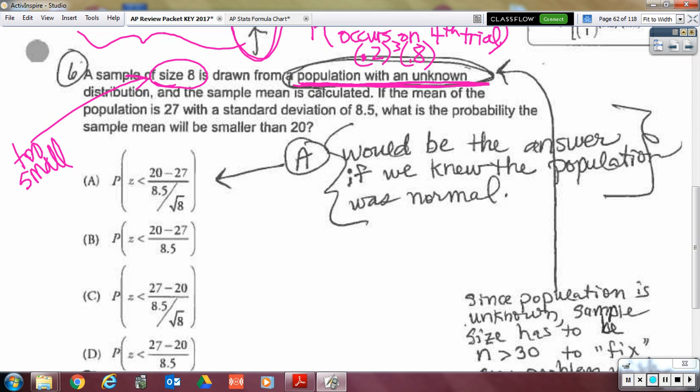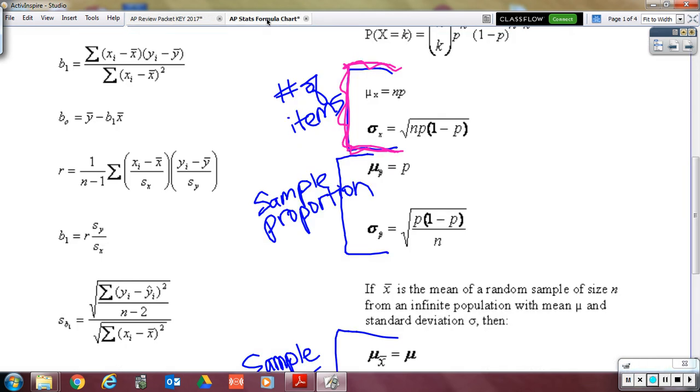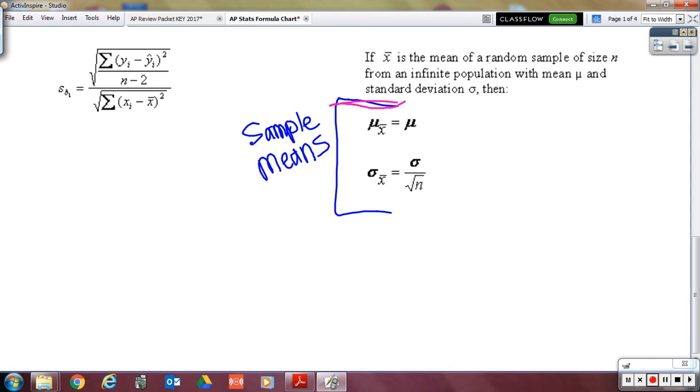Now, if that had not been the issue, then A would have been the appropriate answer because you have your x of 20 minus the mean of 27. It says the mean of the population is 27 over the standard deviation. Let's recall from our formula chart that for sample means, our standard deviation was this standard deviation over the square root of n.